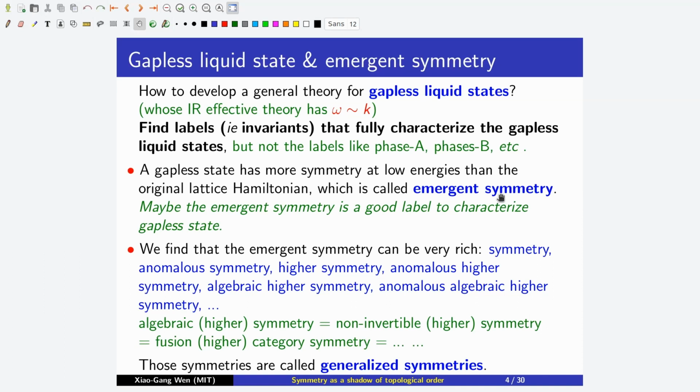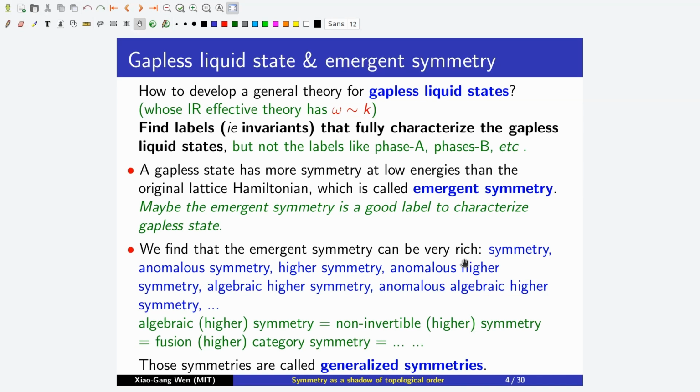If that's true, that'd be amazing, because then we just need to tell the symmetry of a gapless liquid state, and from symmetry we can compute all the physical properties. So this is the program we try to push: when the emergent symmetry is so general, maybe it can be used to completely label gapless states, and then from emergent symmetry we can derive other properties.